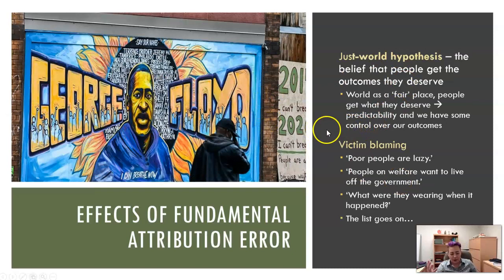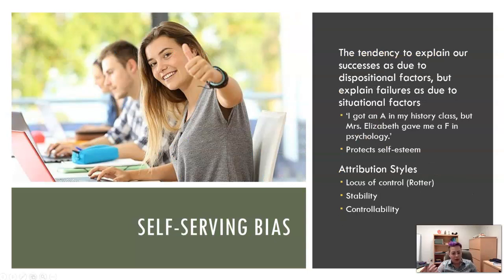And when we attribute things or misattribute them, this can lead to some serious social ramifications on a larger scale, such as victim blaming. We have this idea in the United States of the just world hypothesis. And this is the idea that people get the outcomes they deserve. Now this goes back to our attribution styles. Sometimes we want to believe bad things happen to bad people.